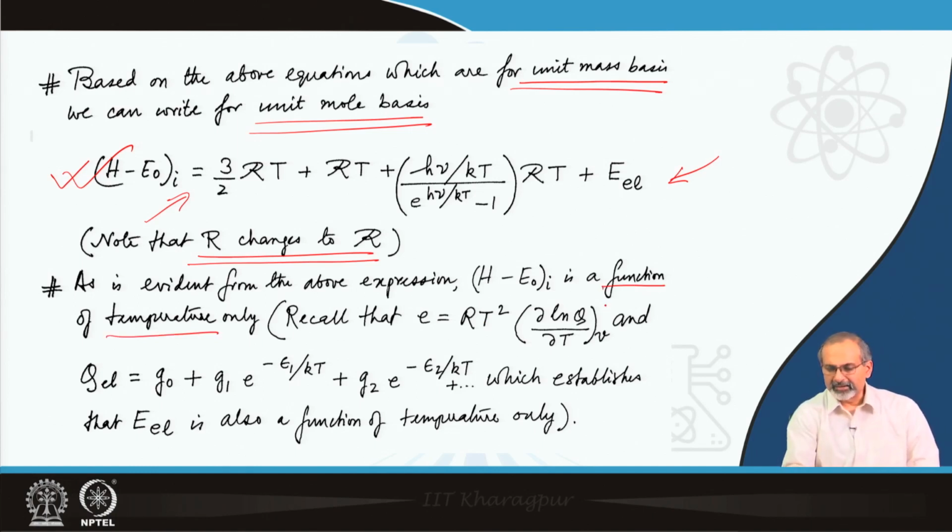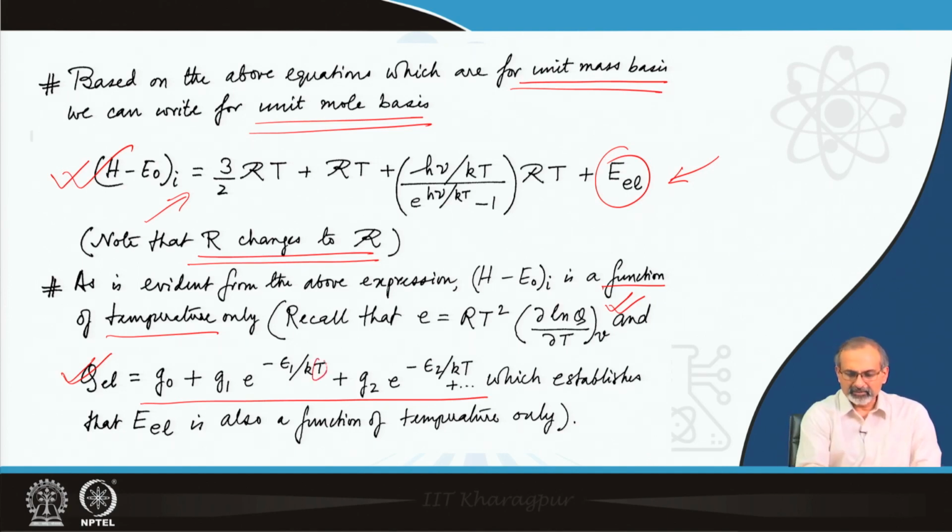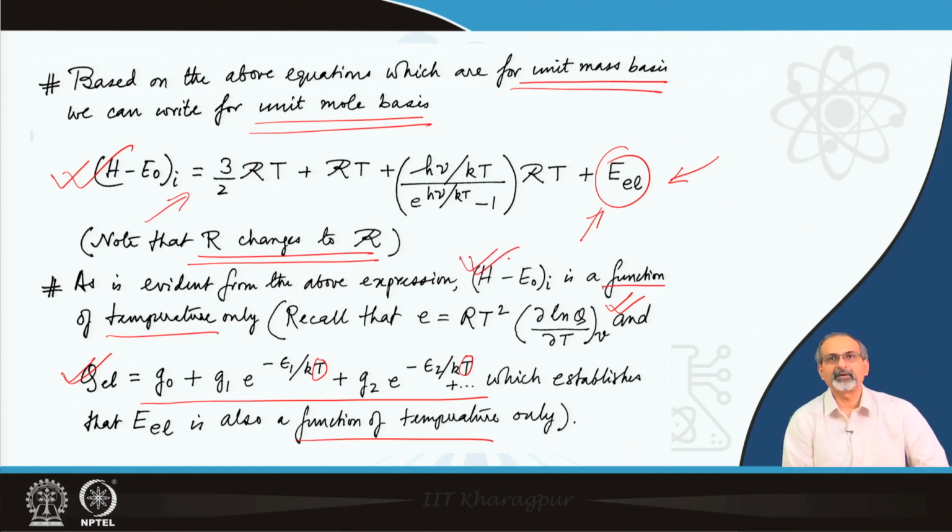We recall that E in general is written in a form like this, and further the electronic energy, though we do not see an explicit dependence of that part of the energy on temperature, we may recall this form where we remember that the different terms which figure in the partition function for the electronic energy mode also contain the temperature dependence, which finally means that the electronic energy also is a function of temperature. Put together, it is evident that H minus E naught for every species is a function of T.